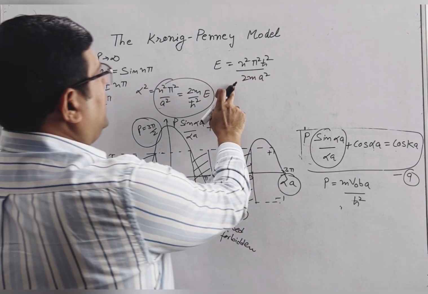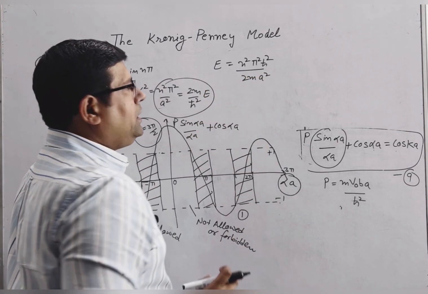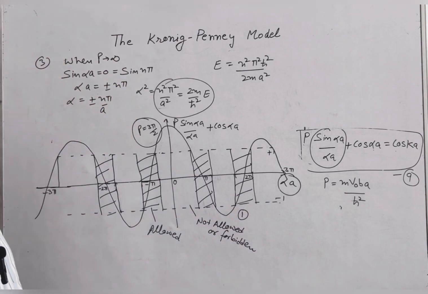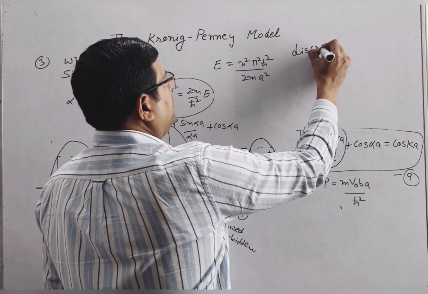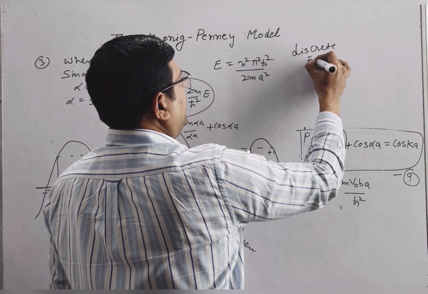So we can see clearly from here that E is independent of K, and we get discrete energy levels here.